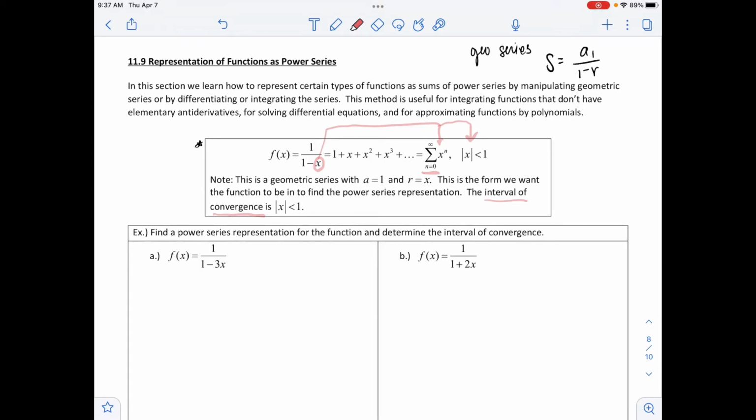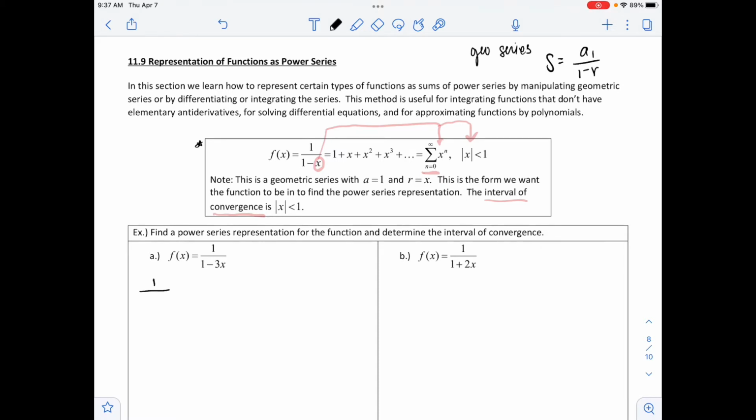So the example right below says find a power series representation for the function and determine the interval of convergence. So the first problem that we have here, we note that it is really set up nicely this time. It has a 1 in the numerator, a 1 minus in the denominator, and then this time instead of an x, we have a 3x.